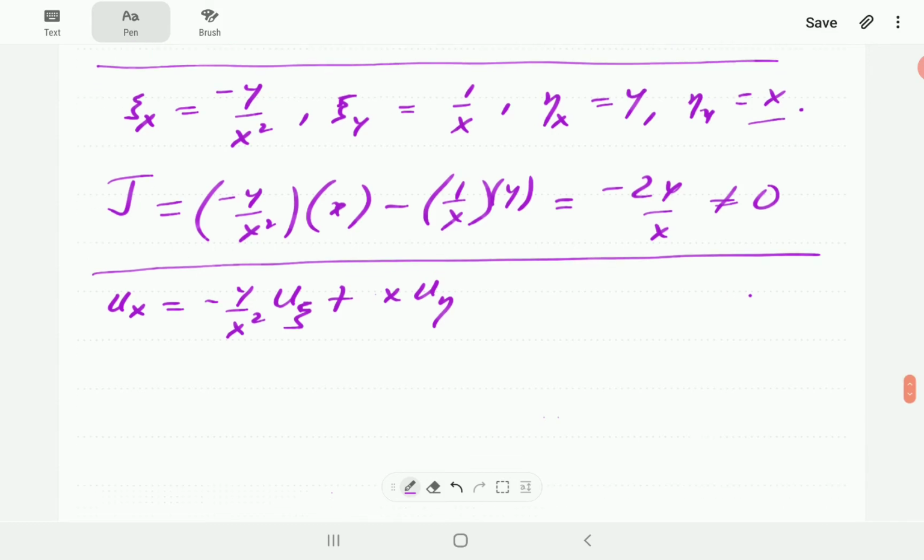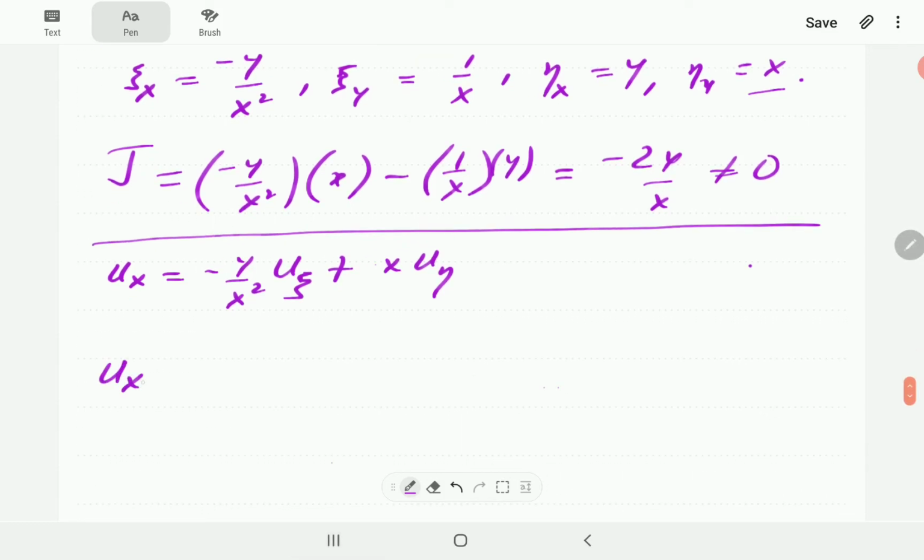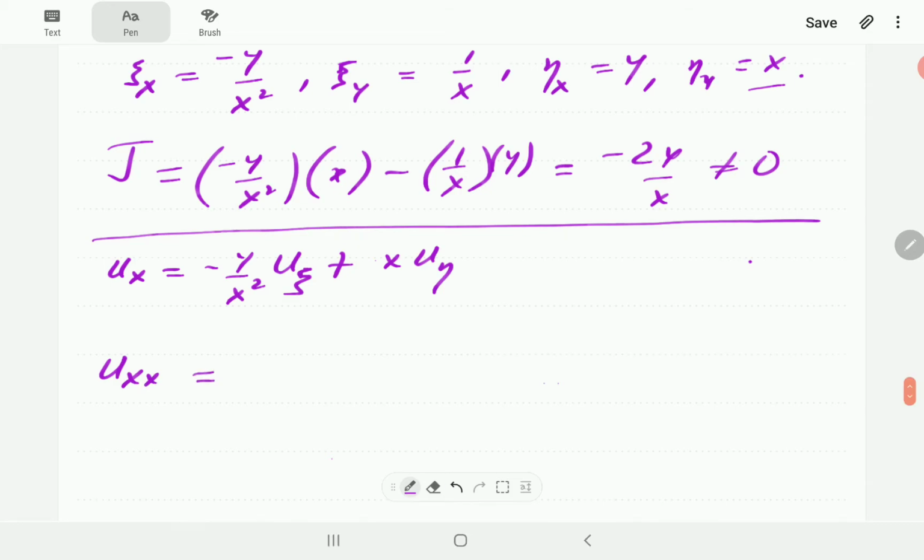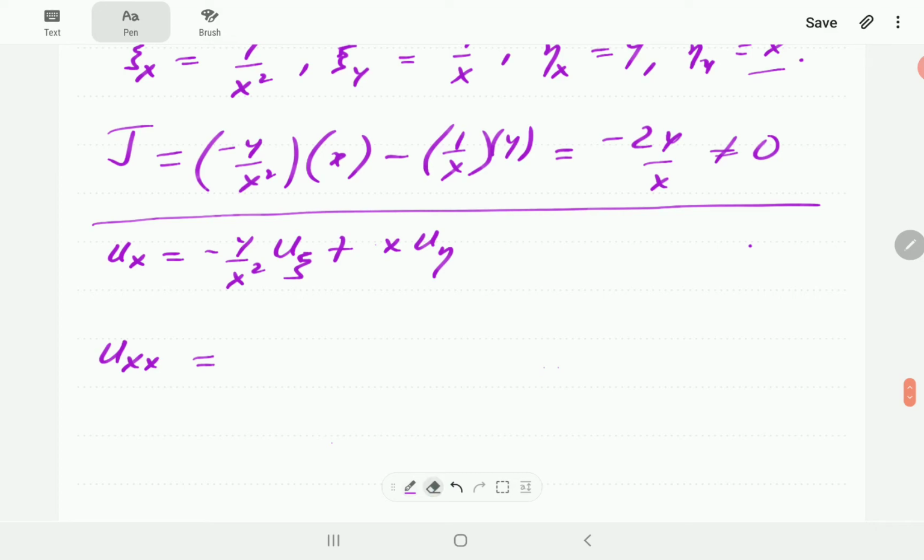Now, then the second order derivative. So the second order derivative terms are just going to be given as before. So the square of these is y squared over x to the power 4 u xi xi. And then the mixed derivative term, we just multiply these two coefficients and multiply times 2. So 2 times this times this.